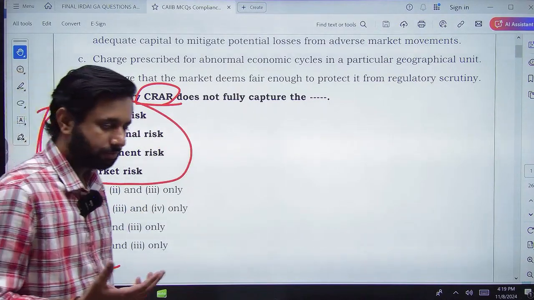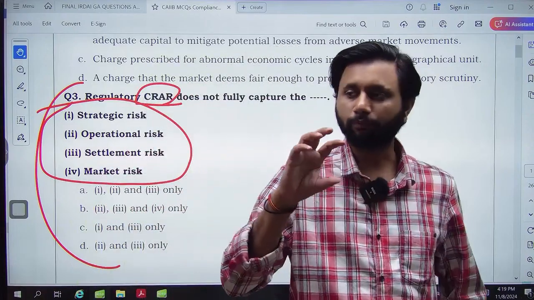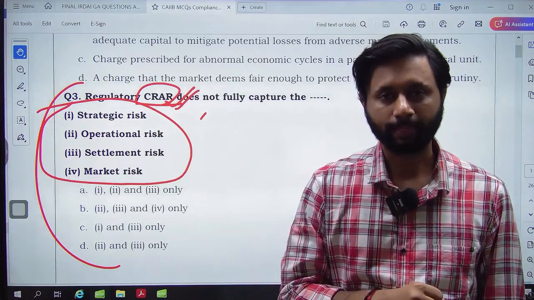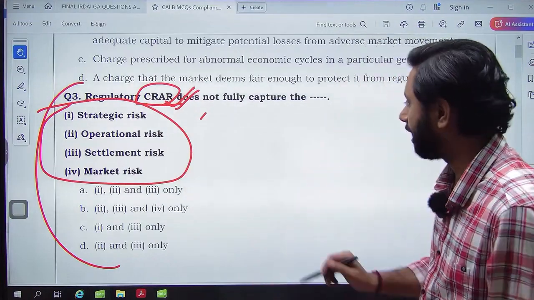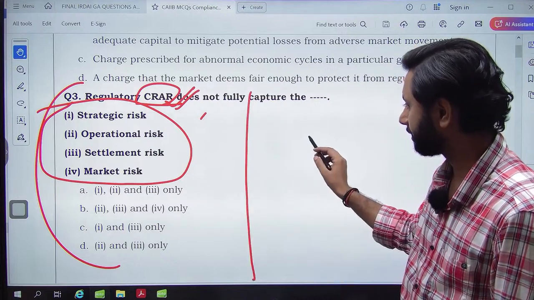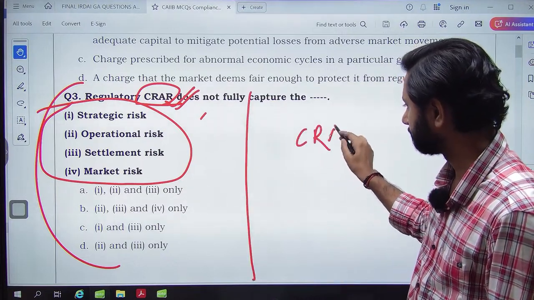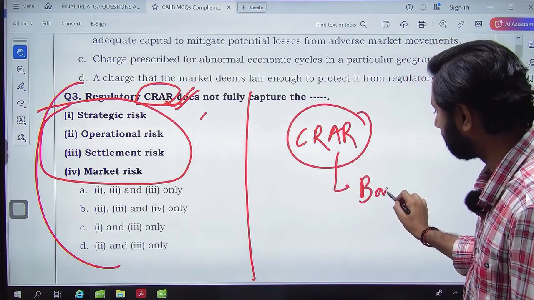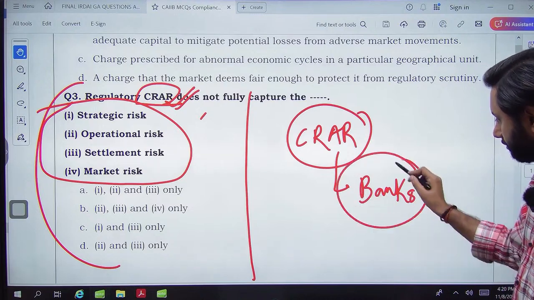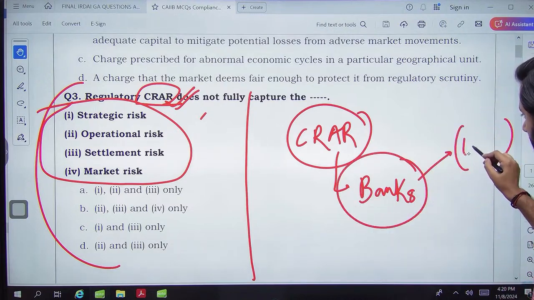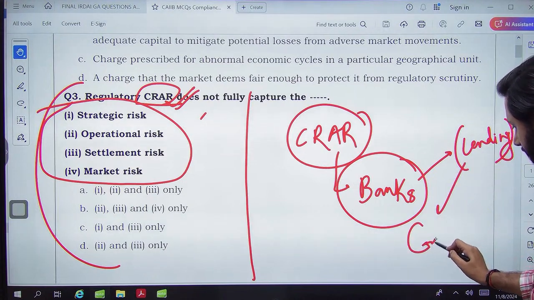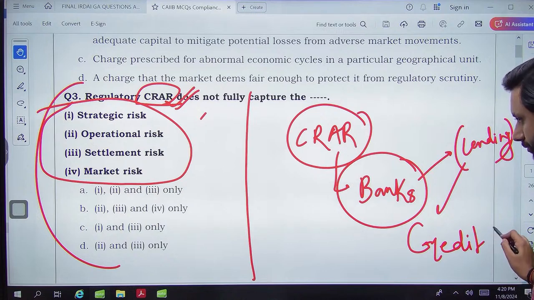In order to answer this question, you need to clearly understand for what type of risk CRAR is required. Primarily, you can relate it to other things as well. For example, CRAR requirement relates to which operation of banks? What risk is there in lending? Credit risk, isn't it?